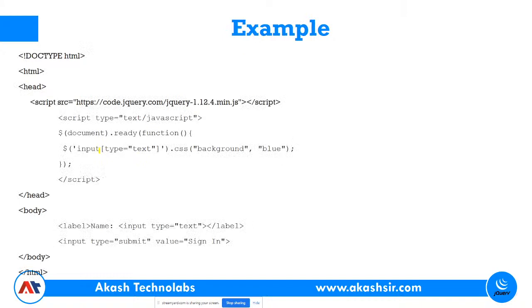So here you can see again, input type is equals to text, then color will be applied blue. For an example, if you are using input type password, this attribute will not apply a blue color in your text box. So whenever your type equals to text, your background color will be changed with blue one.